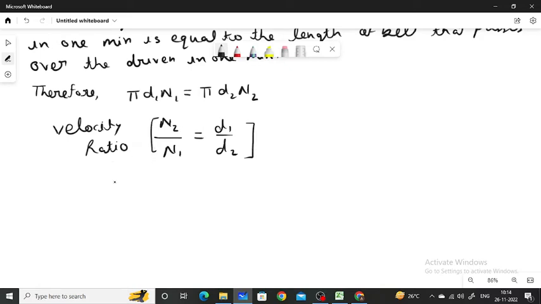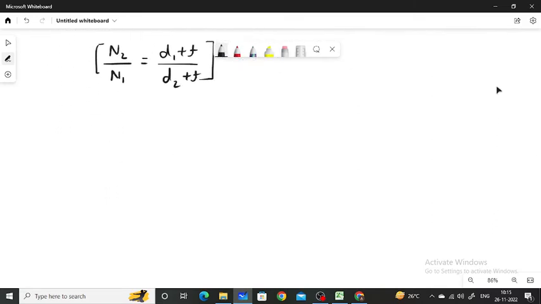If the thickness of the belt is given t, then this velocity ratio will be n2 upon n1 is equal to d1 plus t upon d2 plus t. This is the velocity ratio of belt drive.